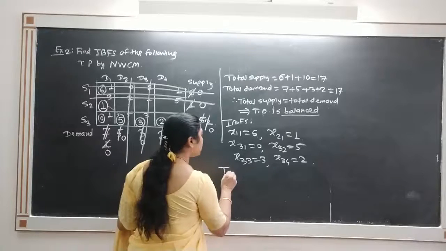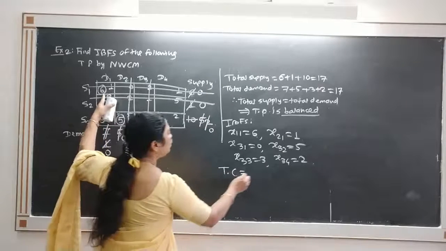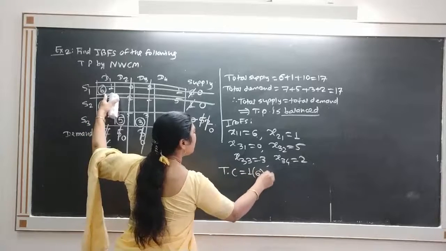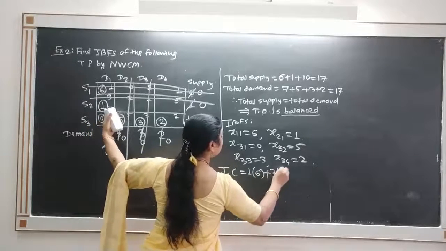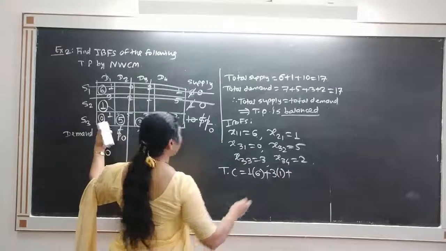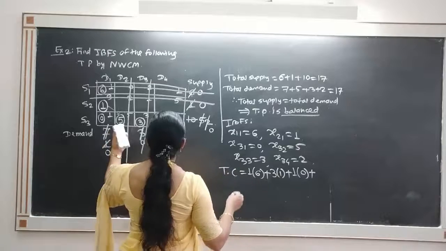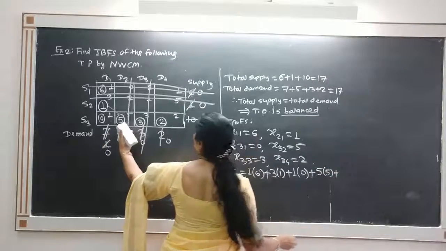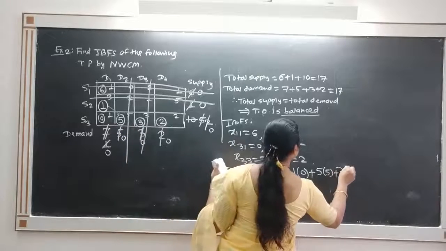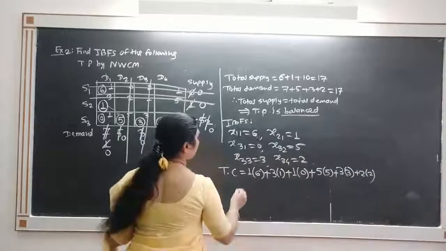And what is the transportation cost? The transportation cost is 1 into 6 plus 3 into 1 plus 1 into 0 plus 5 into 5 plus 3 into 3 plus 2 into 2. That is the transportation cost.